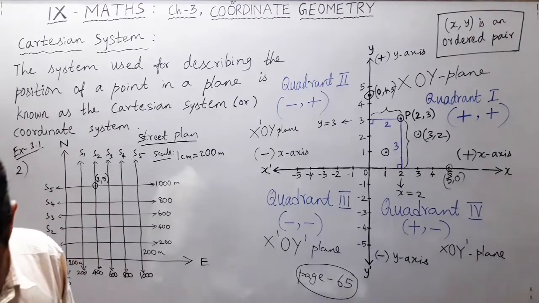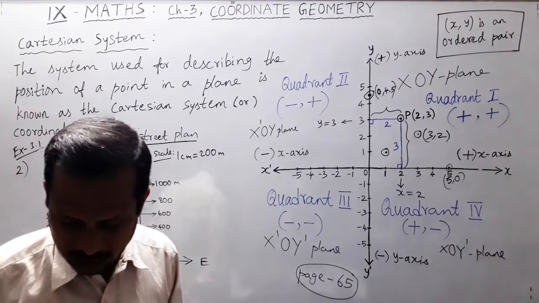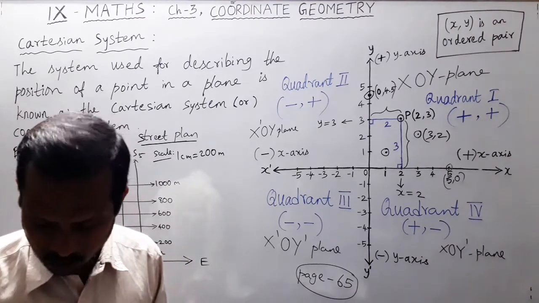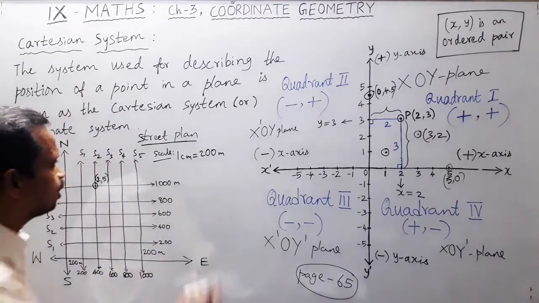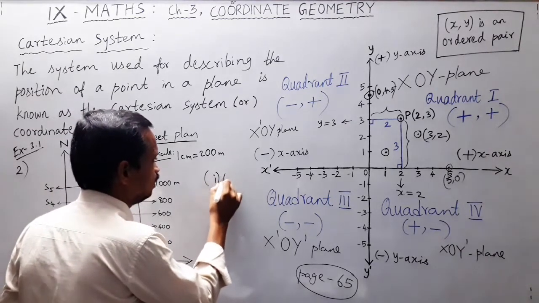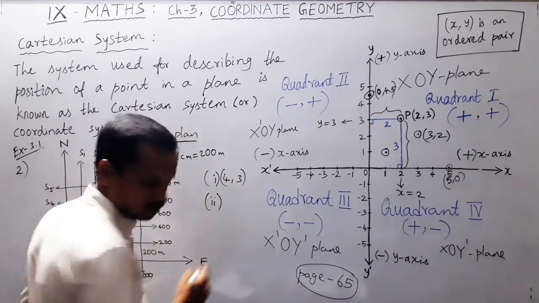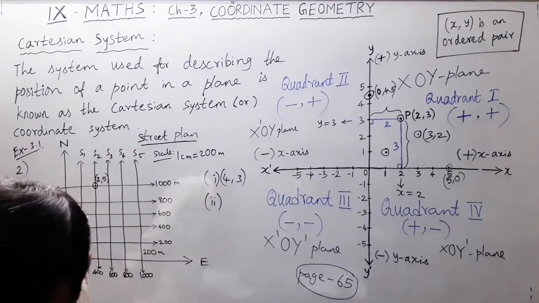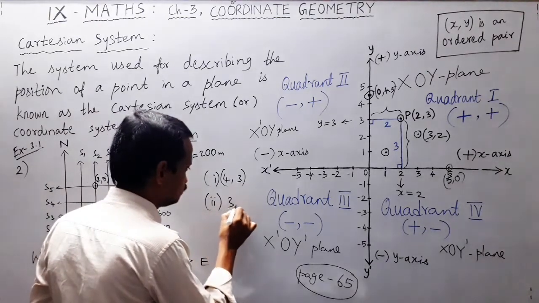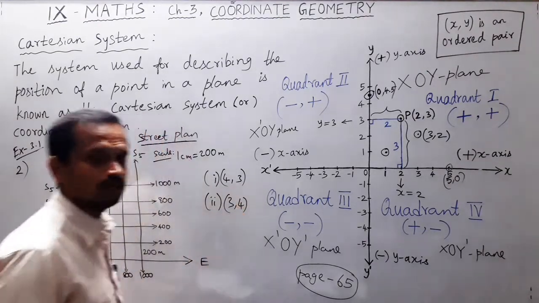So find, option 1: how many cross streets can be referred to as 4, 3? In the first option they have given 4, 3, and in the second option they have given 3, 4. Clear?